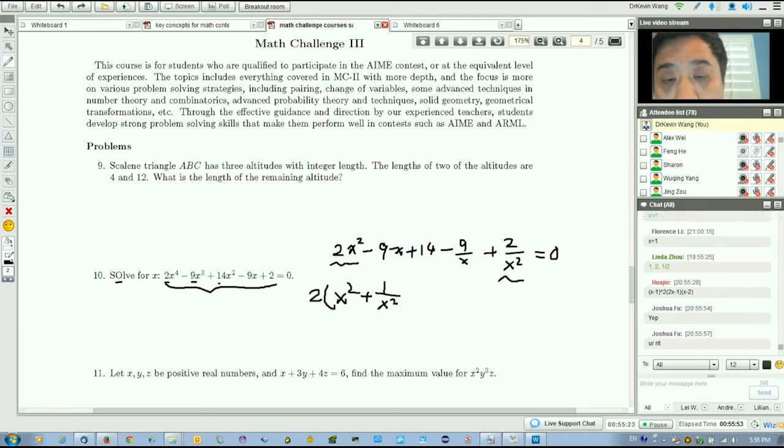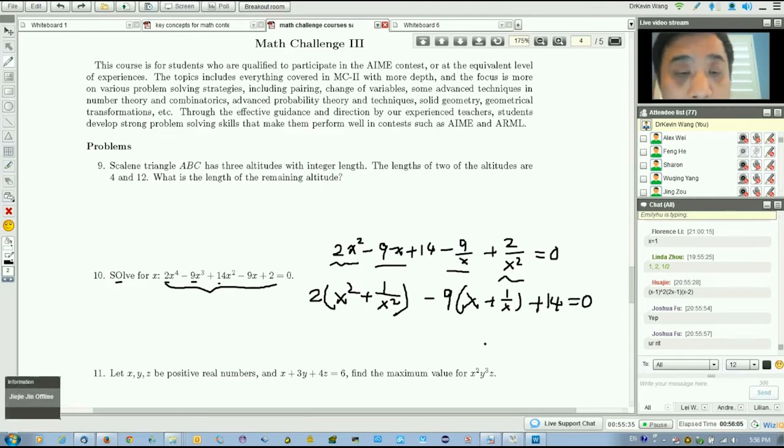So I'm going to combine these two terms, and that's going to be 2 times x squared plus 1 over x squared, minus, and then I'm going to combine these two terms, 9 times x plus 1 over x, and plus 14 equals 0. If you ask me where this comes from, how do we motivate this thinking?